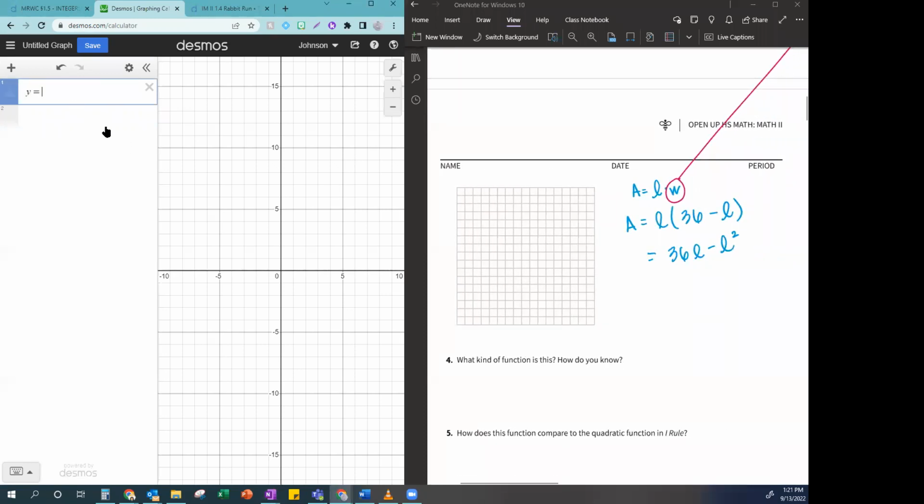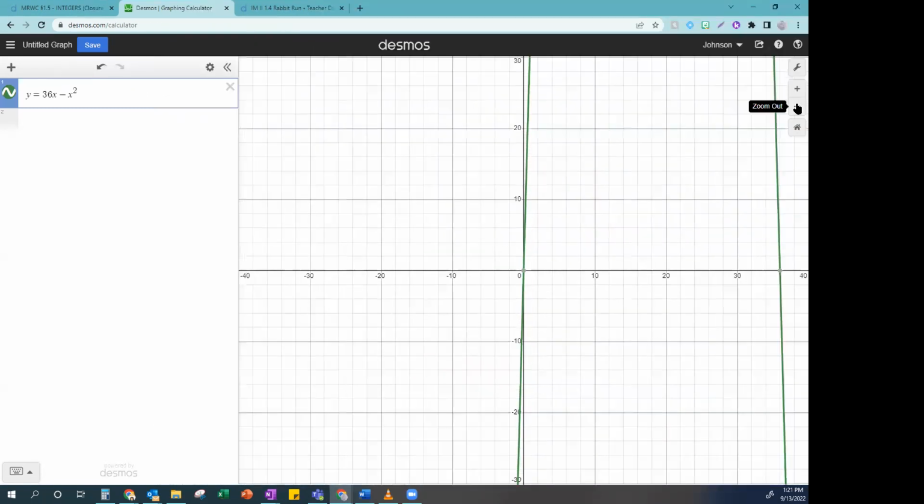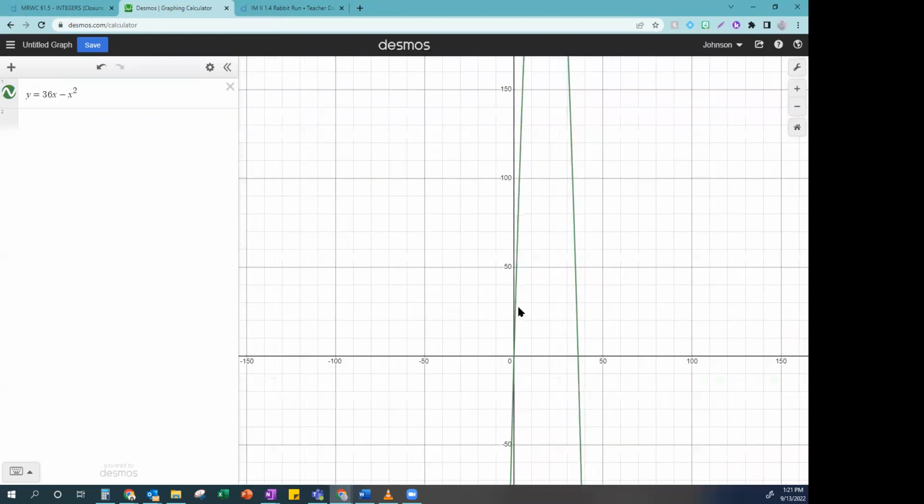So Y equals 36, and I'm going to use X because Desmos likes X. Okay, everybody good? And you're looking at it and you're like, Miss Johnson, it looks like a line. Kind of. So I'm going to zoom out a little bit just so that we can look at more of the curve.